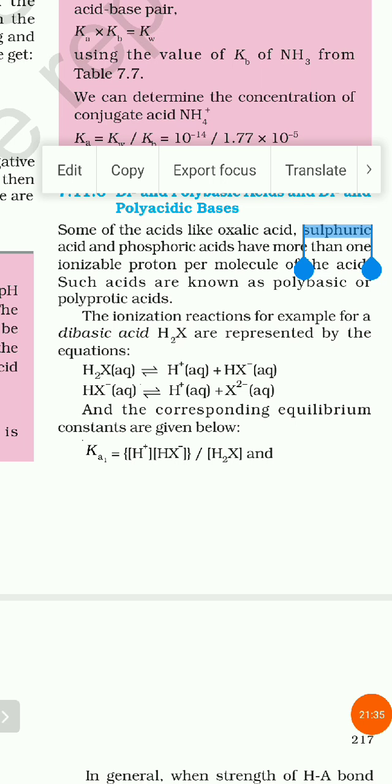In sulfuric acid, how many hydrogen ions are produced? There are two hydrogen atoms, so two are donated. The number of H plus ions released is called the acidity, and the number of hydrogen ions produced is what makes it an acid. So sulfuric acid donates two H plus ions. That is a diacidic acid.